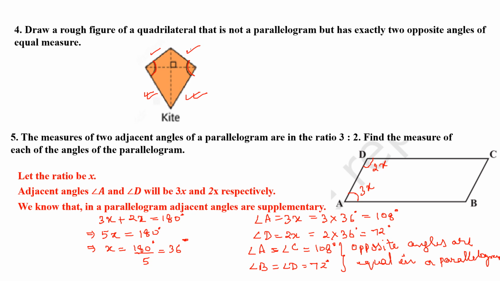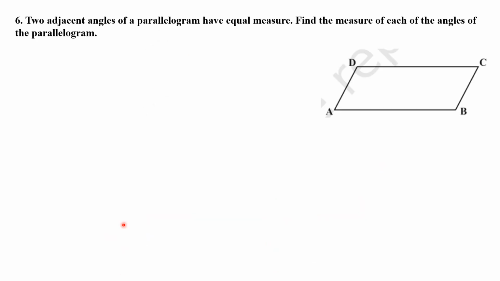Now moving to the next. So question number 6 says that two adjacent angles of a parallelogram have equal measure. Find the measure of each of the angles of the parallelogram. So here I have taken ABCD as my parallelogram and you can take any two adjacent angle of same measure. Okay, so let us take the equal adjacent angle be x, right? Here I am taking angle A as x and angle D as also x, right?